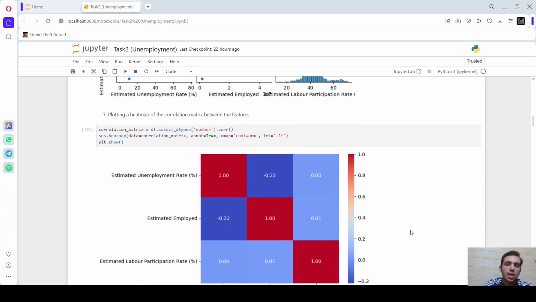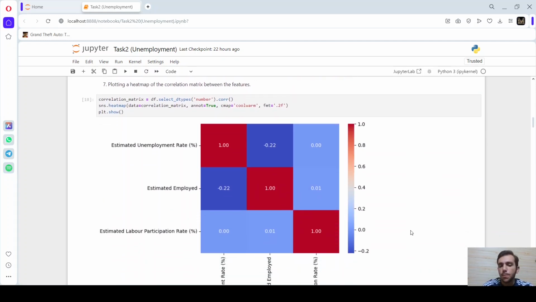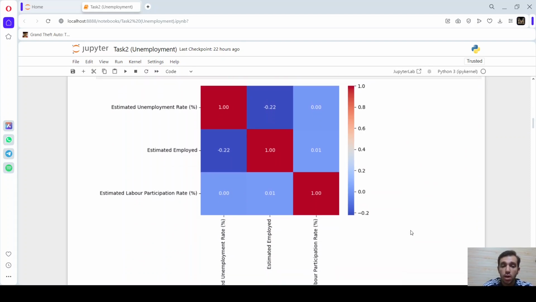To get better insight about the correlation between our numerical columns, we can draw a heat map that shows us the correlation. So we can see that there is not actually a very strong correlation between the data. Of course, this 100% correlation here is not useful because it shows us the correlation between the column and itself, so of course it's going to be 1.